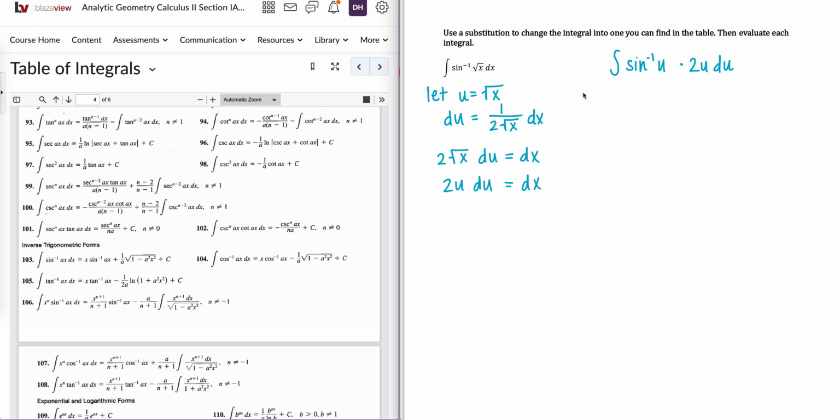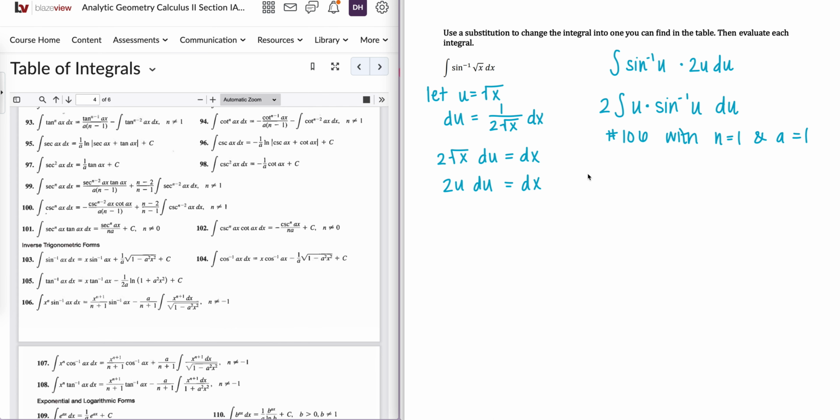So what I have here, and I'm going to rewrite this to let it match that number 106. I'm going to bring the 2 in front. So I've got u times inverse sine of u du. So like I said, we're using number 106. Our n value is 1, and the a is also going to be 1. So now I'm going to plug into what we have here with this formula.